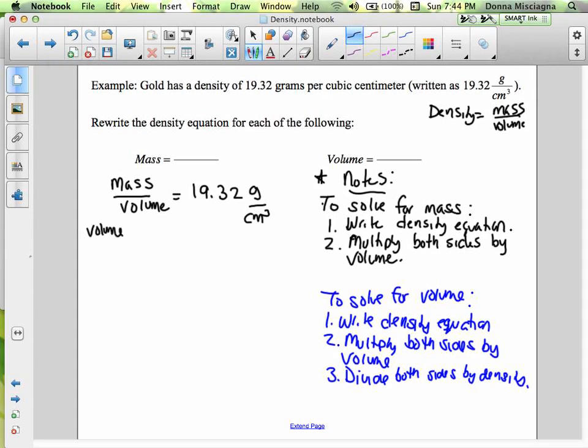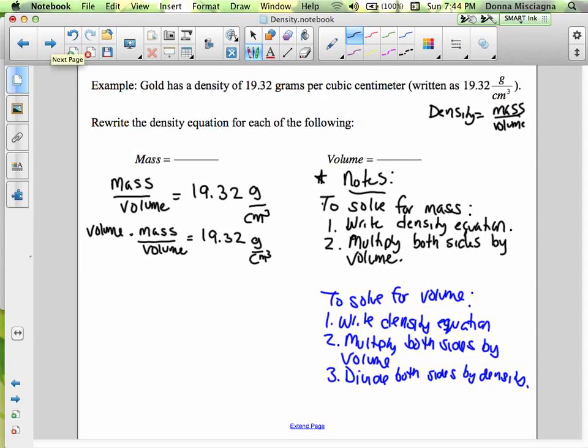So we have volume times mass over volume equals 19.32. Now, one of these units of measure would cancel, and of course it's the centimeters cubed.